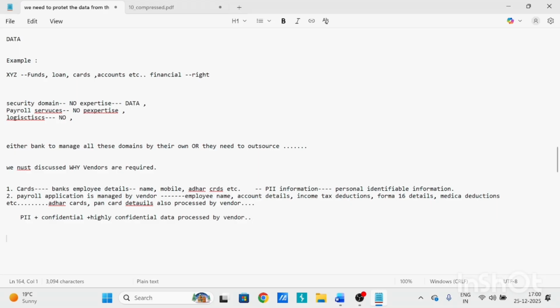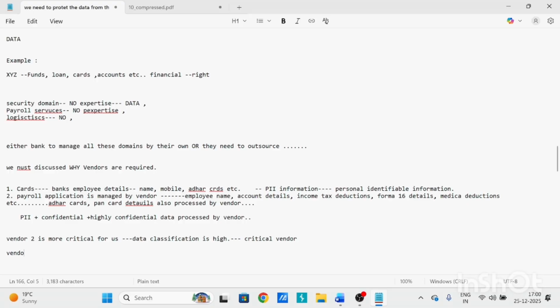So with the help of this example, you can easily imagine that vendor number two is more critical for us. Why? Because the data classification is high. And we are considering this vendor as a critical vendor because of this data classification.